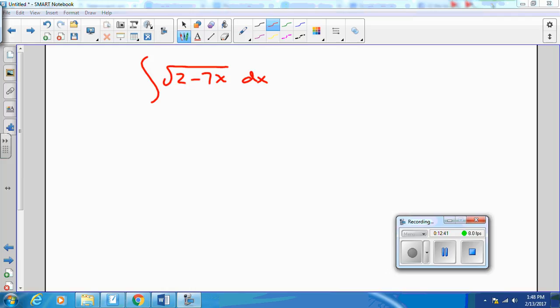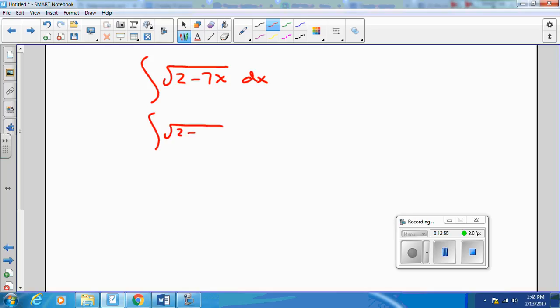Okay, Tony, what you got? Need the answer. The process. I choose 2 minus 7x as u. So du equals negative 7 dx. So I put negative 7 in front of dx and negative 1 over 7 outside. Good.